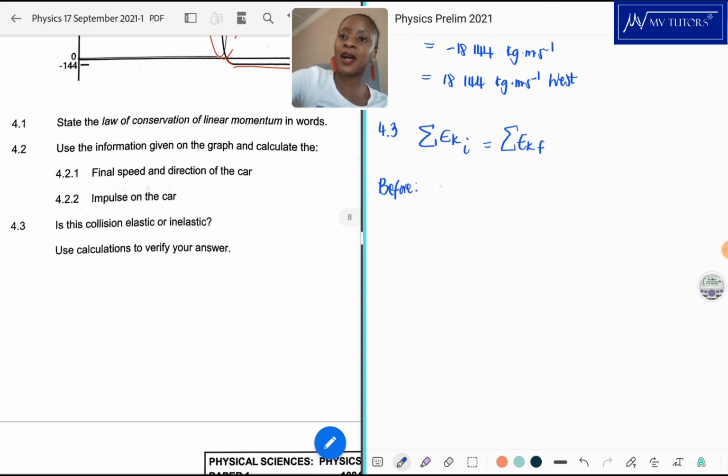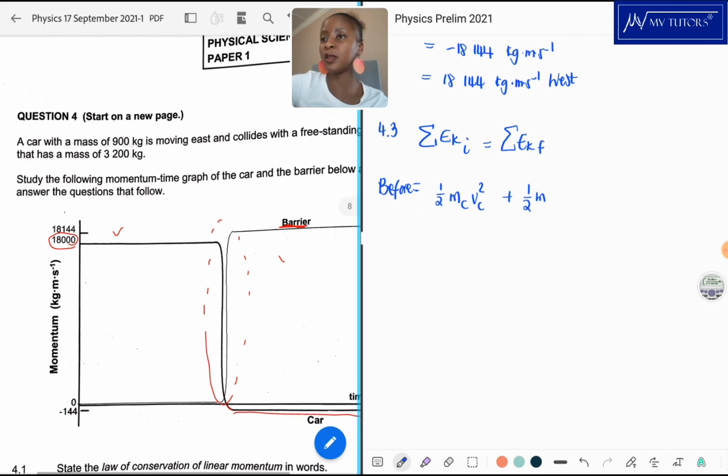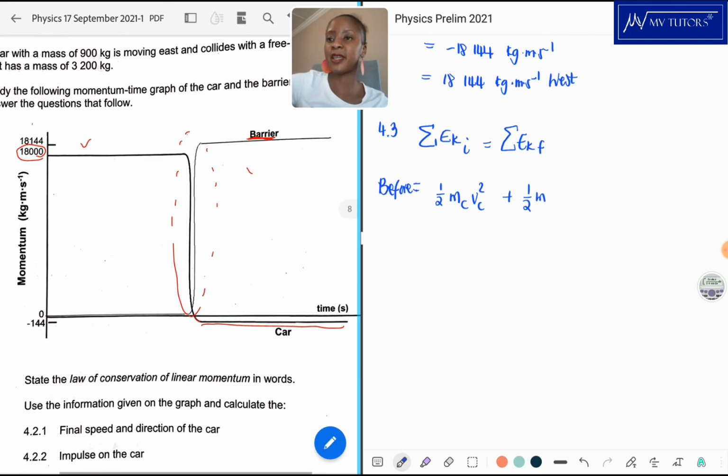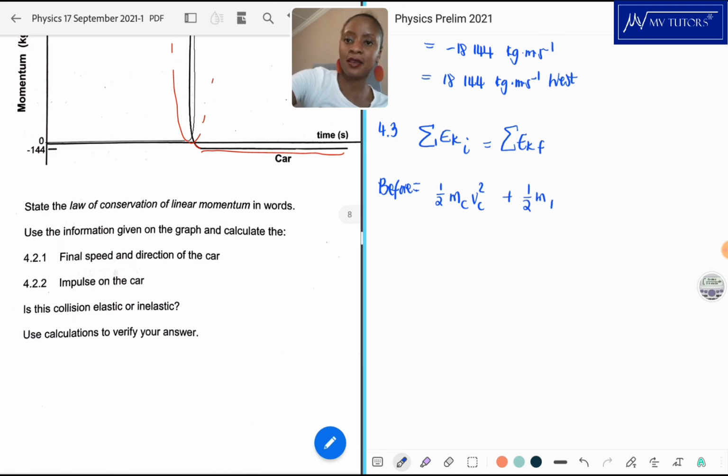I have half m for the car, velocity squared for the car, and half m of the barrier, I'll just say B, mass of the barrier, velocity of the barrier squared. Initially we had 900 kilograms and the velocity was 20, but for the barrier it's going to be 0 because initially its velocity was 0.